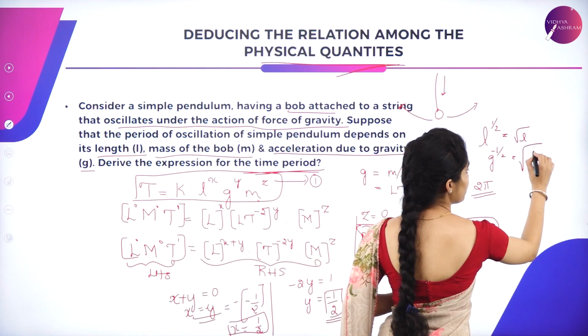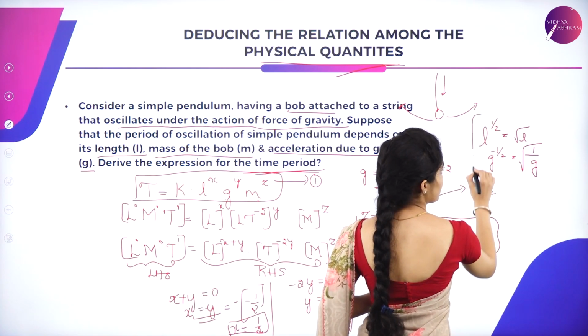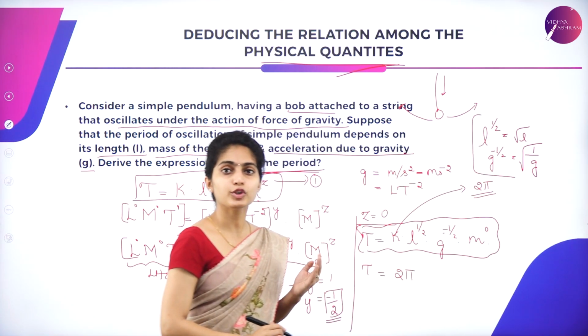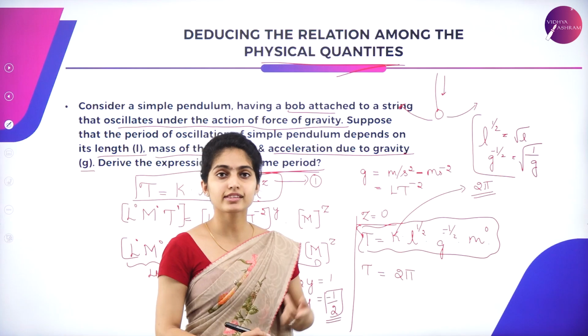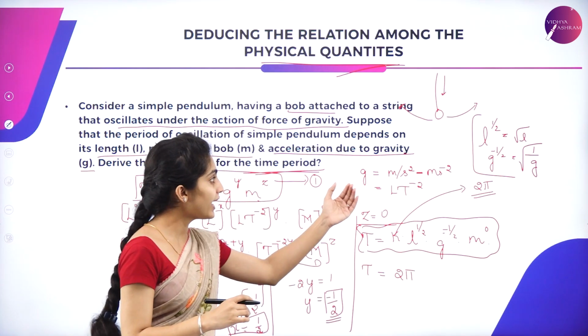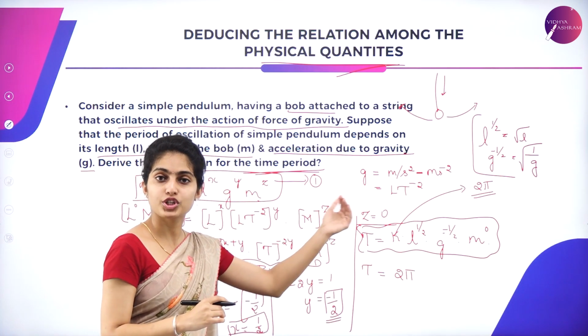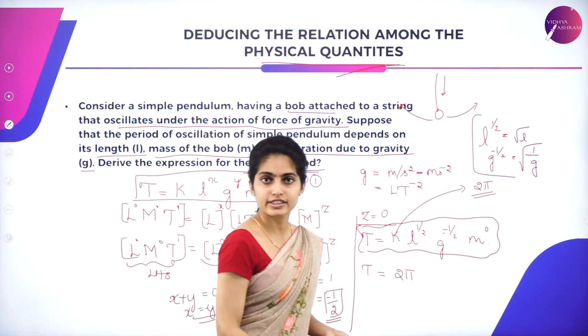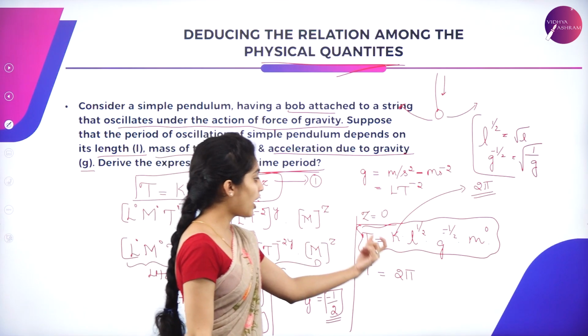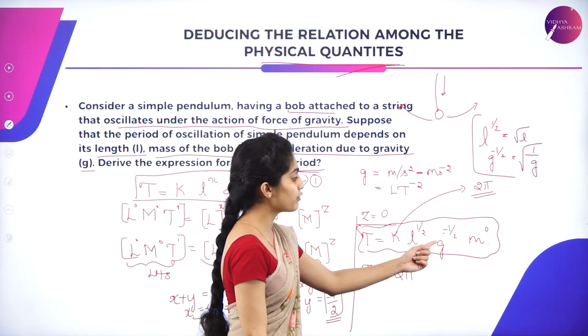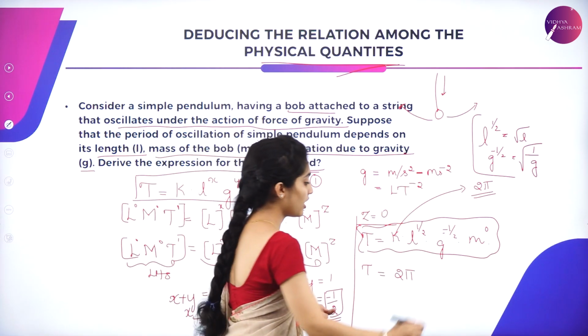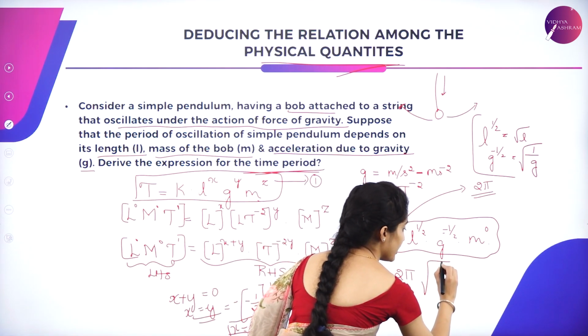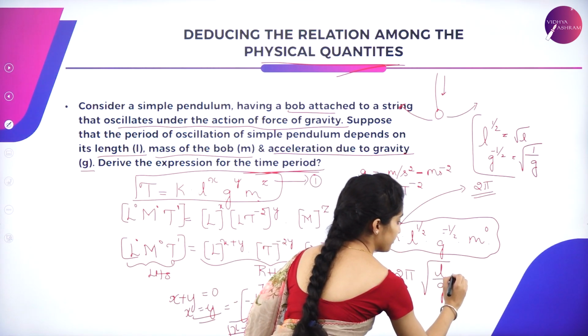So root of 1 by g. So L half is nothing but root L and g minus half is nothing but root of 1 by g. So g has to go to the denominator when there is minus, negative on the power. So how are we splitting up this L half and g to the power of minus half? So it is root of L by g.